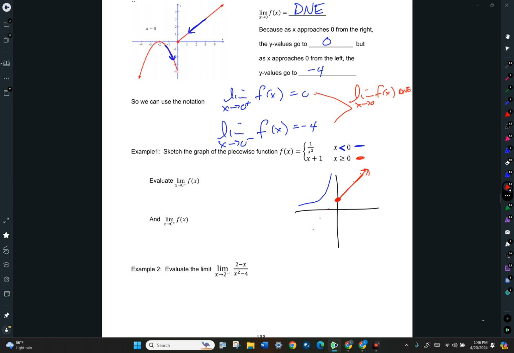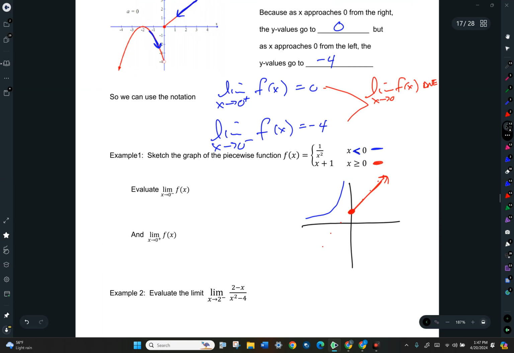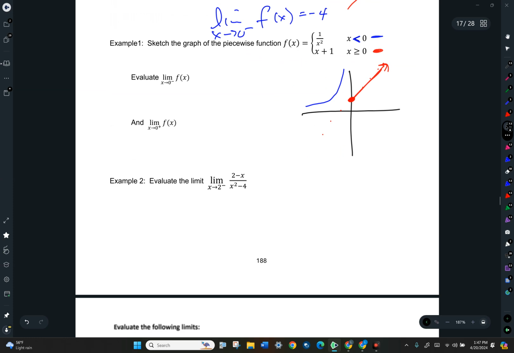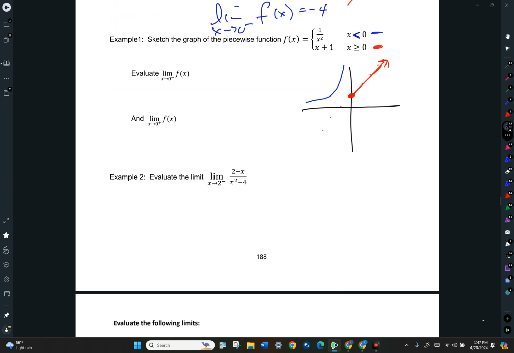And if I look at the question down below, it says, find the limit as x approaches 0 from the left. Well, as I come in from the left of this function, I'm going towards, because of the graph 1 over x squared, aren't the y values shooting up to infinity? So I could say this equals infinity.